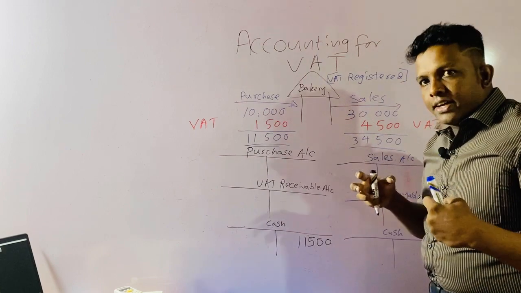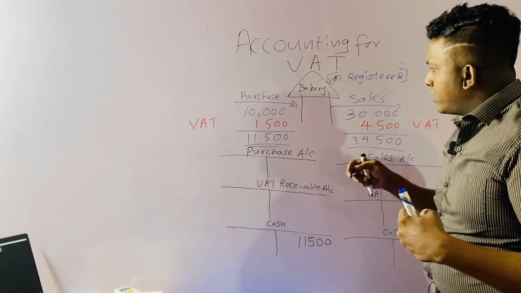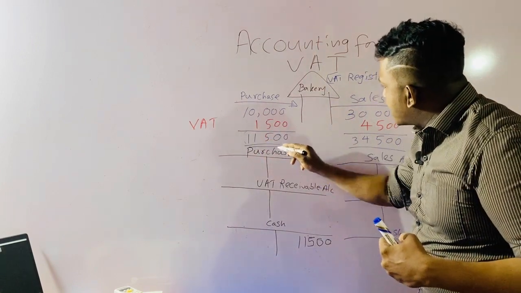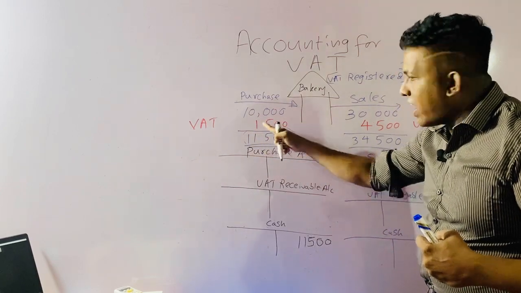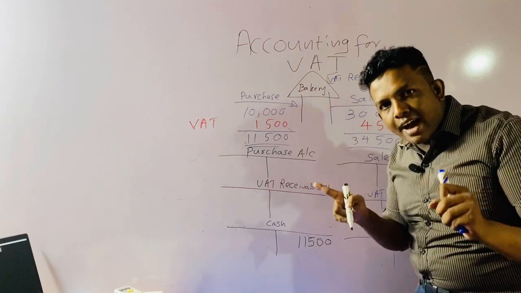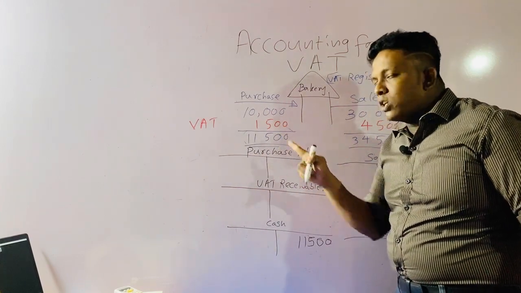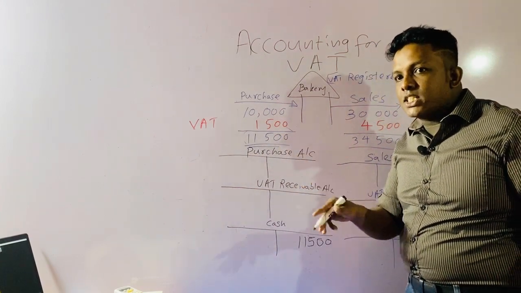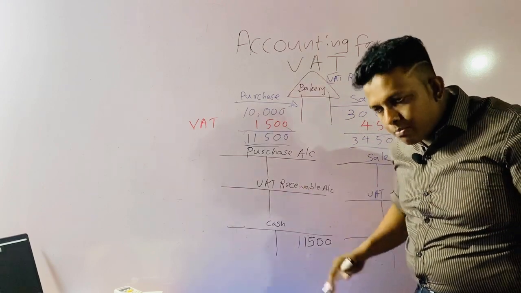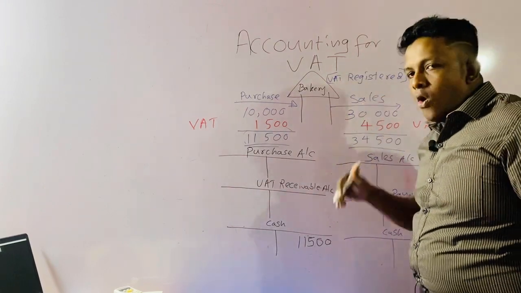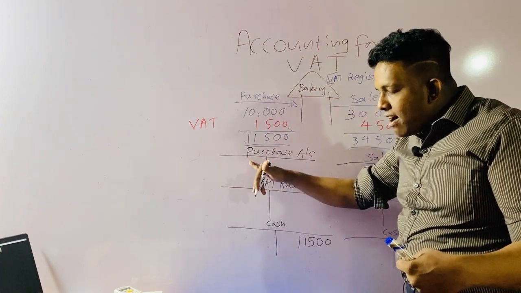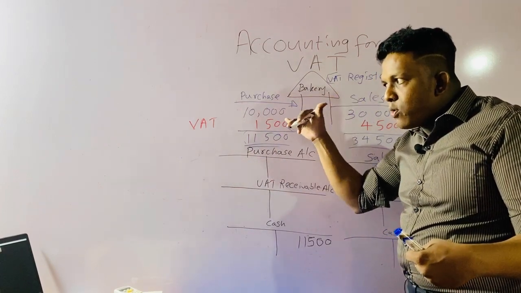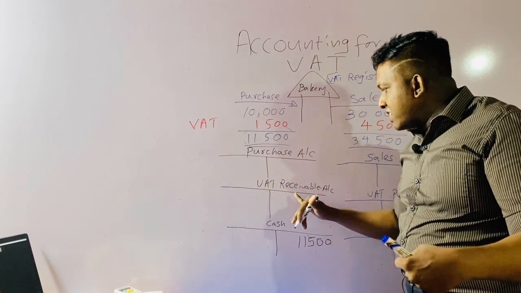So for that reason, we cannot debit the entire invoice value of 11,500 rupees to the purchase account, because the 1,500 VAT portion is not our cost anymore. So instead of debiting it to the purchase account, we need to debit it to the VAT receivable account.